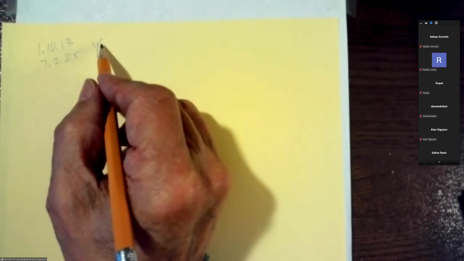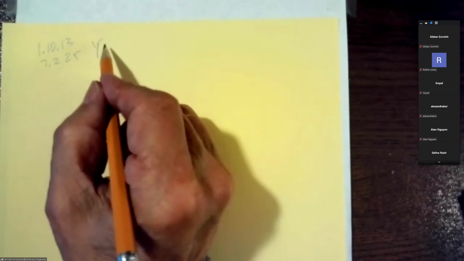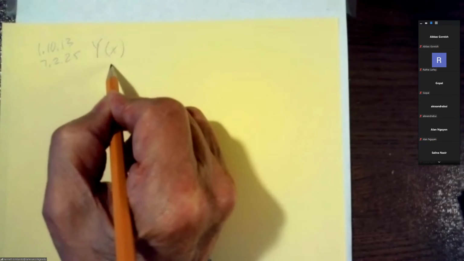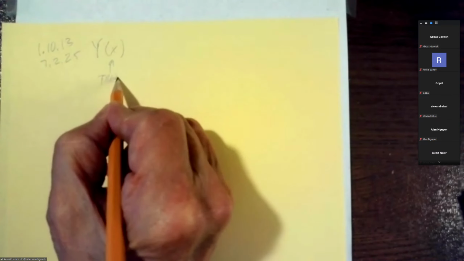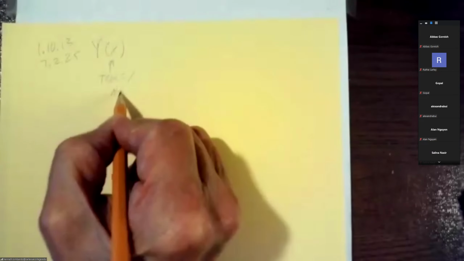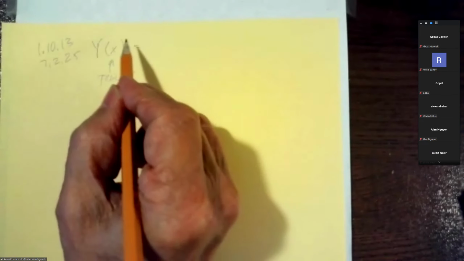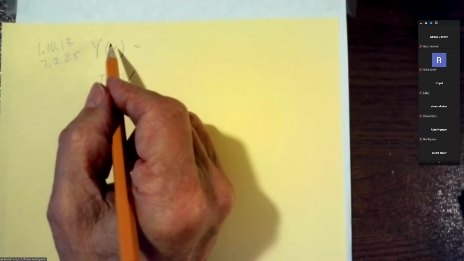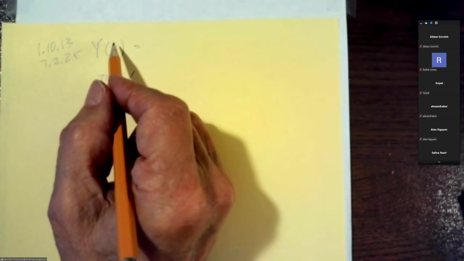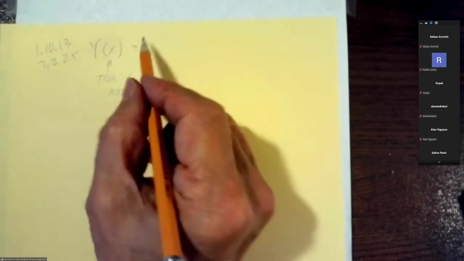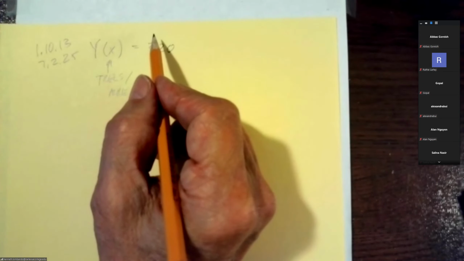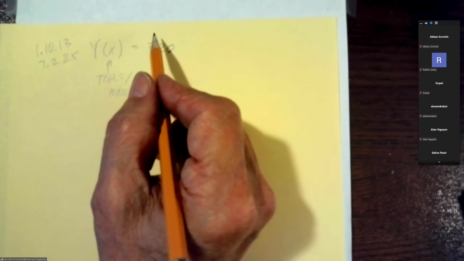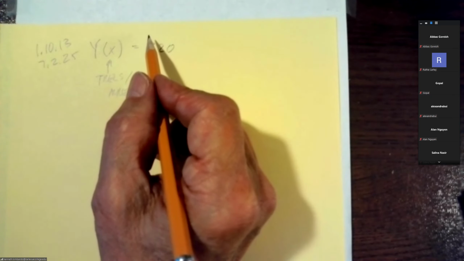We don't know how many lemon trees per acre there are, so I'm going to say function of X. Y equals, and what does that equal? It is constant at 320 if the number of trees per acre is 50 or fewer.